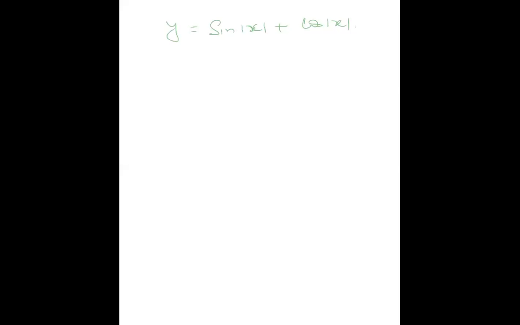Okay, let's discuss. So simply what we have to do in this case is multiply and divide by root 2. This 1 by root 2 we can write as cos pi by 4, and this 1 by root 2 I'm writing as sine pi by 4.